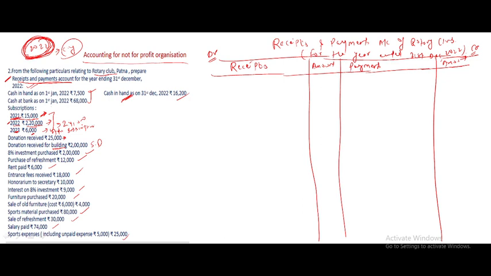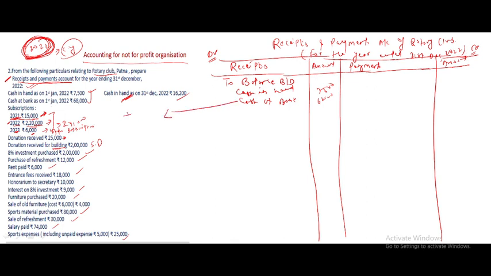First, the receipts and payment account starts with the opening balance of cash, or opening balance of bank, or opening bank overdraft. So cash in hand on 1st Jan 2022, the opening balance of cash, is given, so we start with: To balance b/d, cash in hand 7,500, cash at bank 68,000.